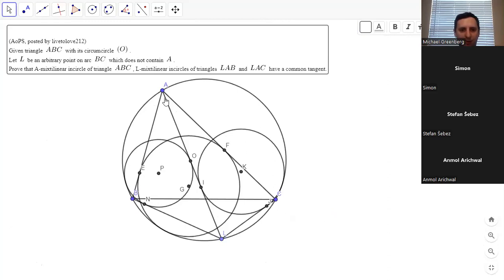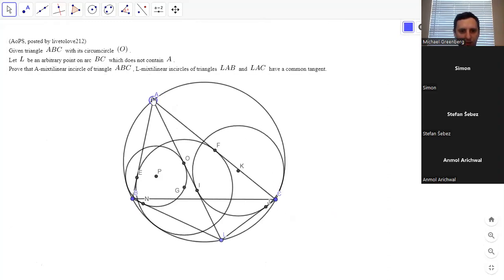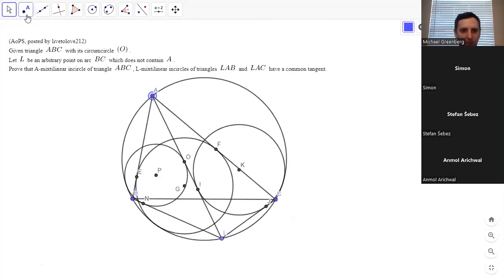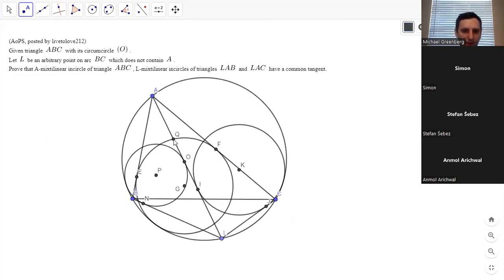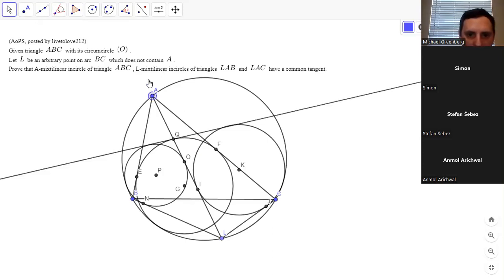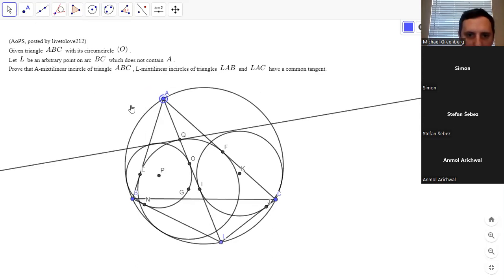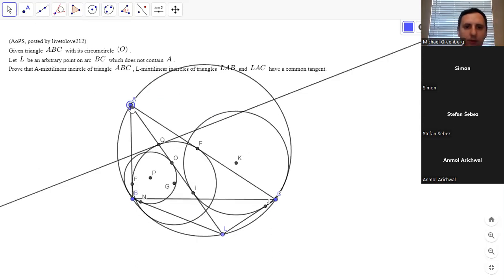Take the intersection of AL and the mixtilinear incircle of ABC. Okay. It looks like the common tangent goes through that point. Okay, interesting. Then we can basically get rid of one circle and show that. Yeah. No, I don't think the common tangent goes through it.